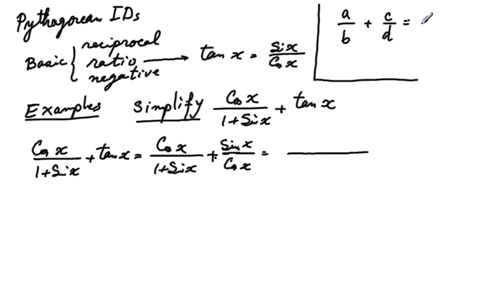What is the first step to do? Find the least common denominator. Is that right? BD. Then you say this one has BD as a denominator, this one just has a B, so I modify this by multiplying by the D. This has a D but no B, so I multiply that numerator and denominator by what? By B.